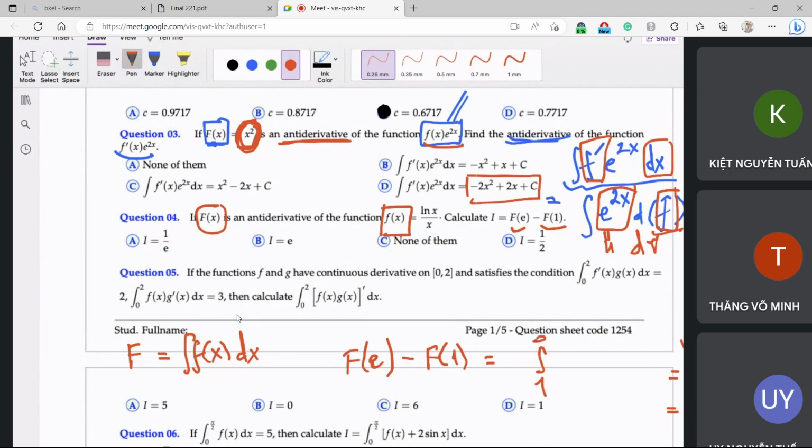Yes, from 1 to e. Of which function? The integral of 1 over x. Yes, that's right. And you can use your calculator to find the answer, right? It's obvious. It's the Newton-Leibniz formula. Remember, Newton-Leibniz formula.